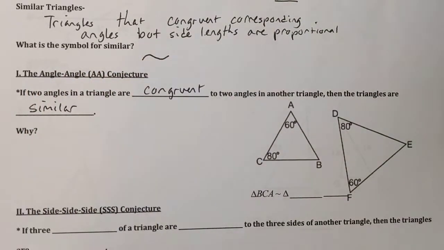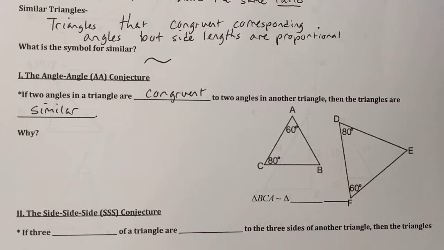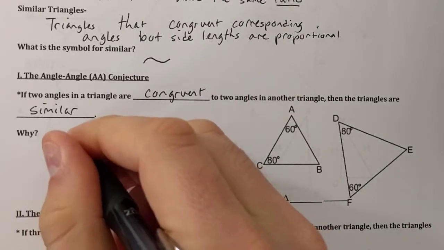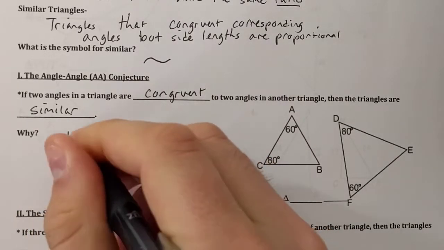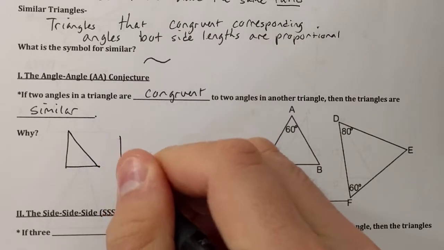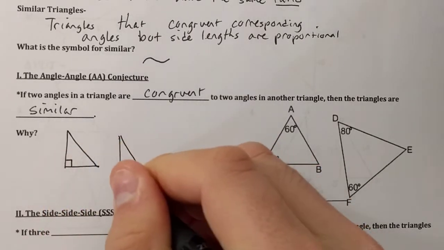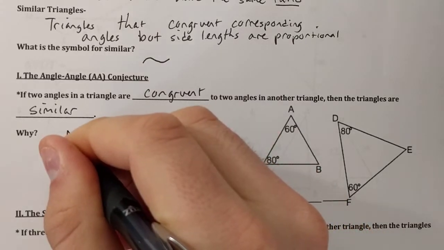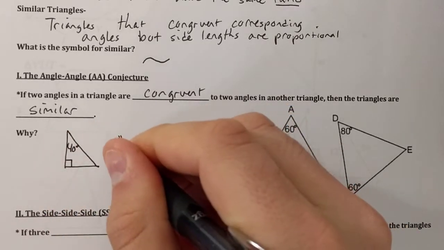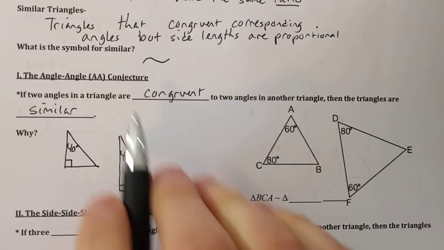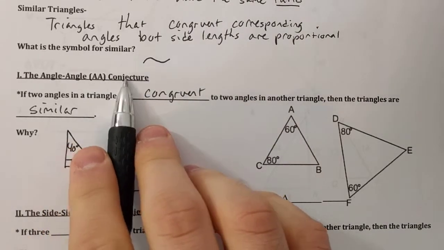My question is why? Well, if you have two triangles, and we don't know the side lengths, but I know that this is a right angle, and we'll call this 40 degrees. Okay? There's a reason why there's only two angles represented, not angle, angle, angle.